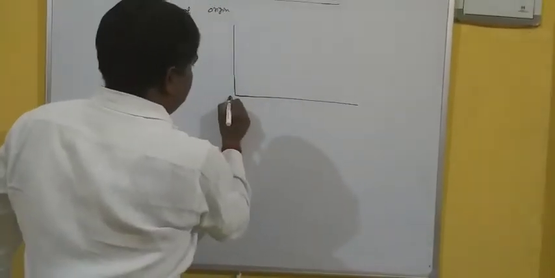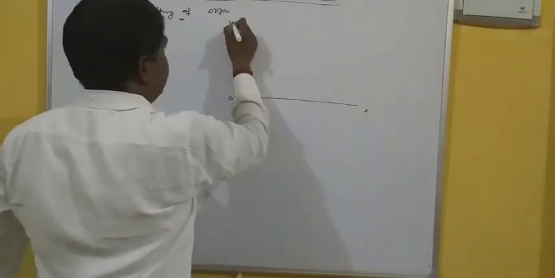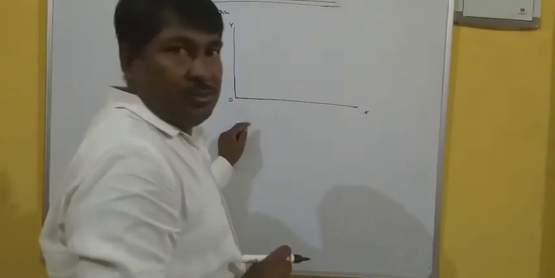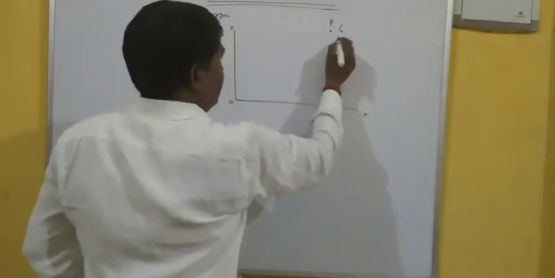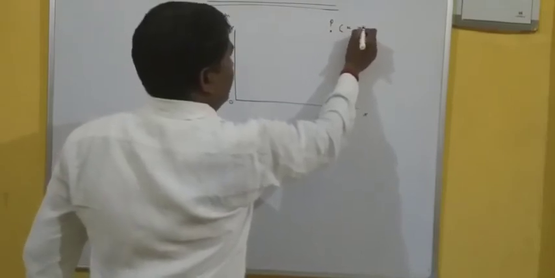Suppose initially the x and y axes are there, and O is the origin. Suppose P is a point whose coordinates are small x, small y.